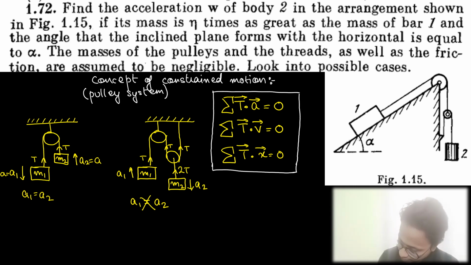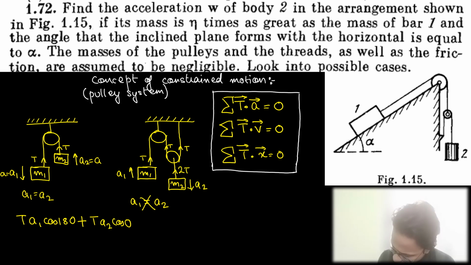Now my question is, how do I apply this formula here? In this equation, T is upward, A is downward. So T into A1 into cos 180. Why cos 180? Because the angle between T and A1 is 180 degrees. Plus T into A2 into cos 0.